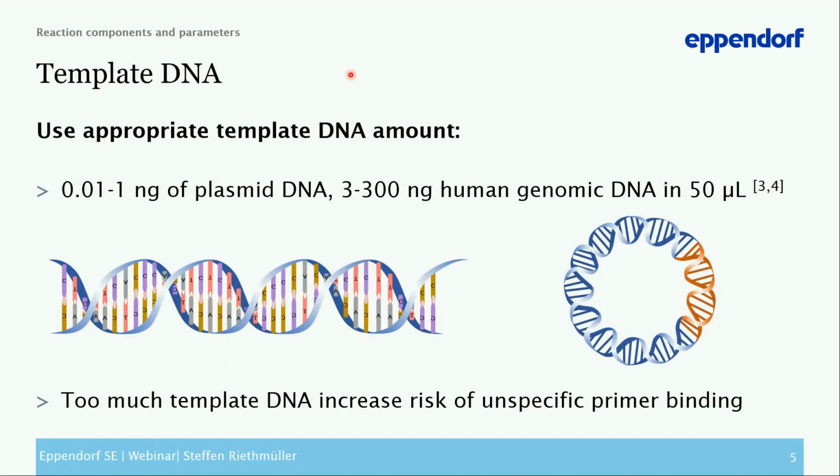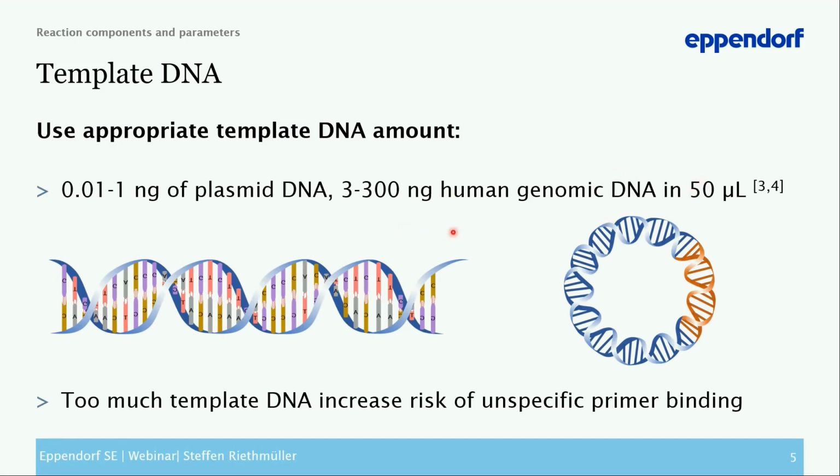Then we are coming to the template DNA, and here the appropriate template DNA concentration is quite important. So when working with plasmid DNA, we use normally 0.01 to 1 nanogram in a sample of 50 microliters.